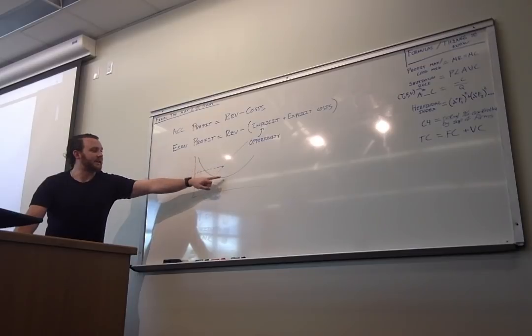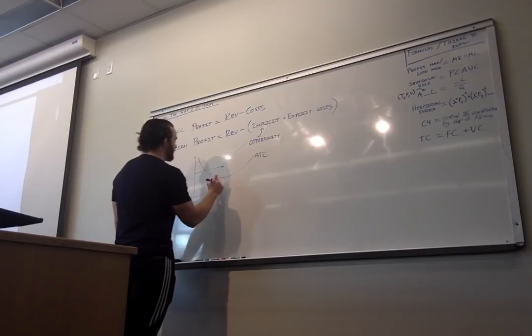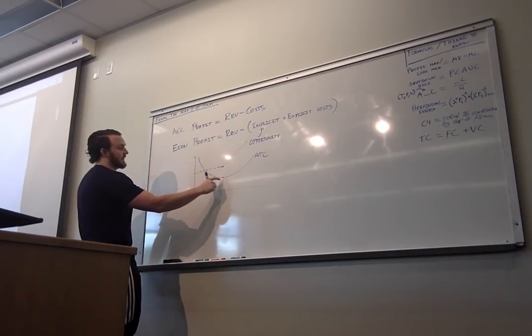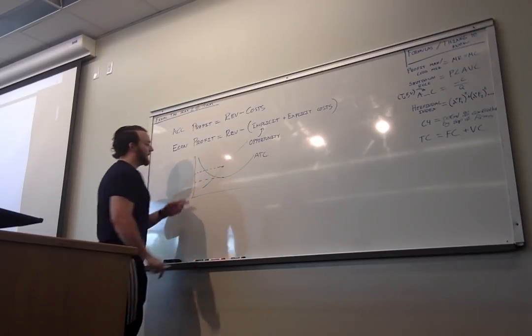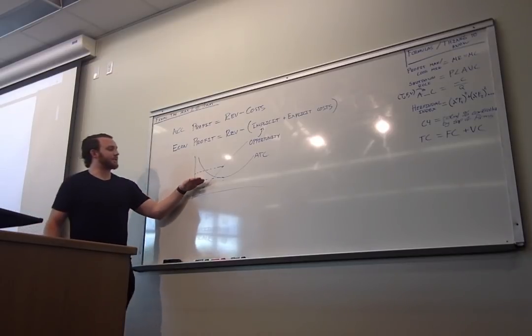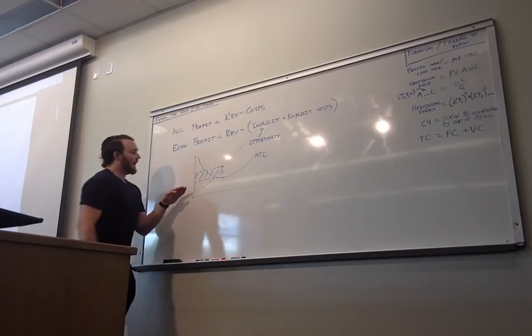Then if this is here and it's above our average total cost curve, then the area between where these meet and the average total cost curve represents an economic profit. Does that make sense? And so this area right here would be an economic profit.